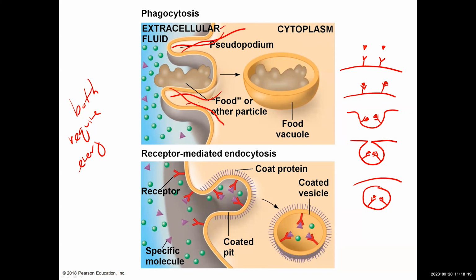The process of doing that is going to require energy because we're building and breaking bonds to change the membrane shape. So yes, these both require energy. Any other questions about transport?